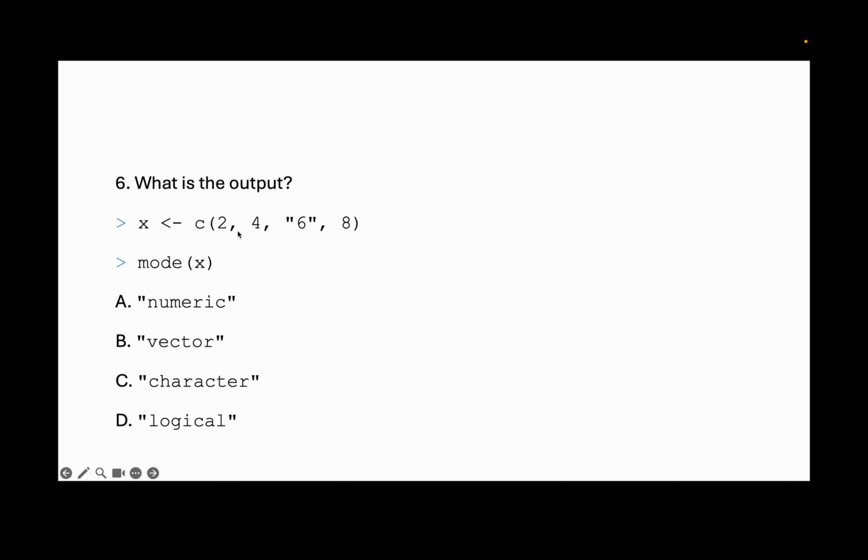Let me tell you how it will work. When you are trying to put different values in a variable, it will not give an error, but if you are putting multiple values and any of them is a string, it will save all these values as strings.